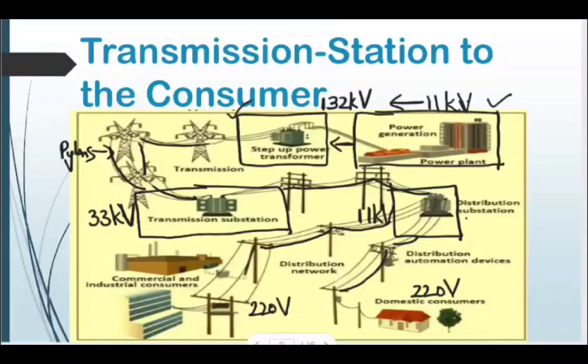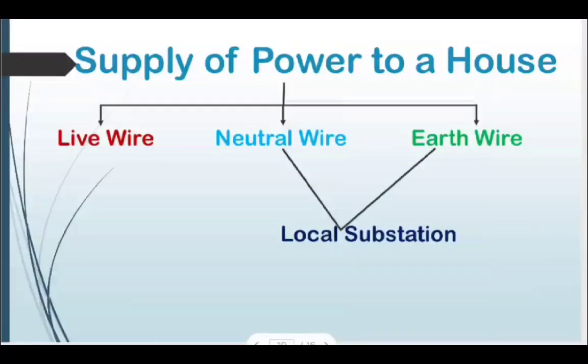Now, children, when I say commercial consumption or domestic consumption, I do not mean they have yet reached our factories or industries, or our commercial places or the houses and apartments that we live in. It's not yet reached there. It's a common center, a common place in the city where this electricity has been transferred.